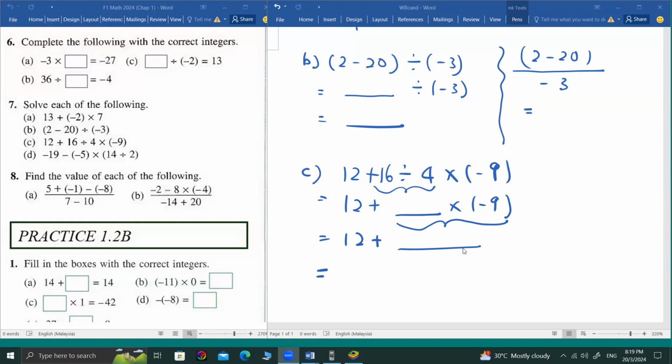Okay, done. C. Can I go D? Try without calculator first, yeah, class? Because you must know the way of without calculator.